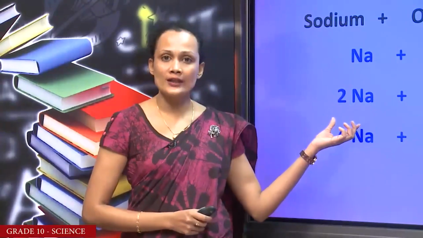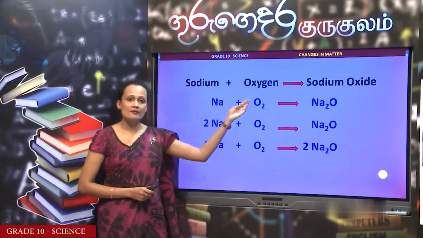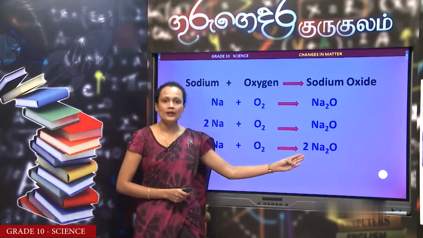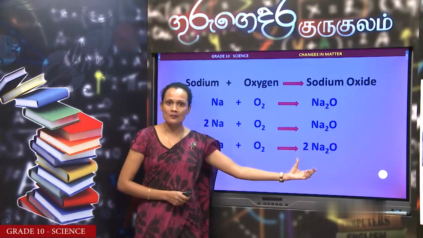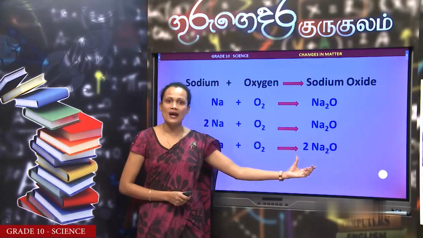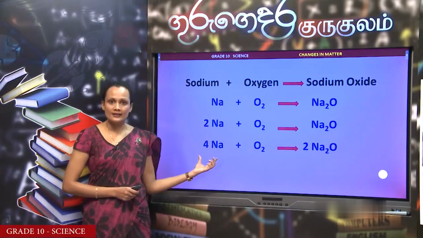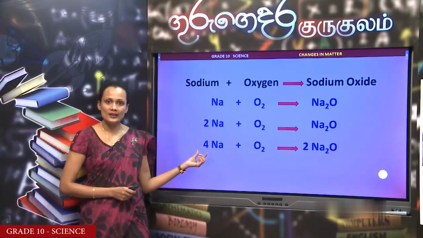Let's see about the sodium. Here 2 sodium atoms and here 2 sodium atoms. But when we were balancing the oxygen atoms, we put 2 in front of sodium oxide. That's why the number of sodium atoms in the products changes into 4 sodium atoms. So that's why we need to make that change in the last equation. Here I put 4 in front of sodium.